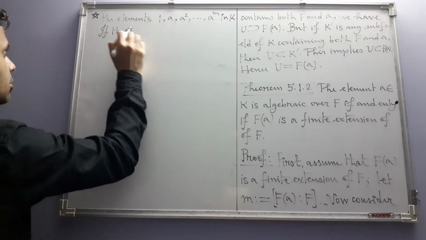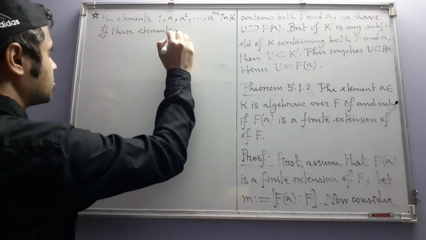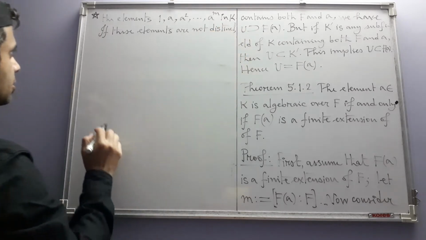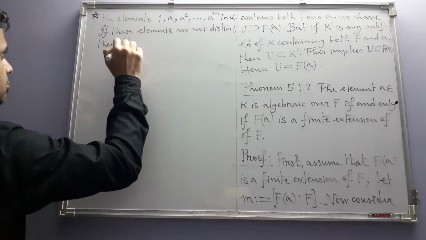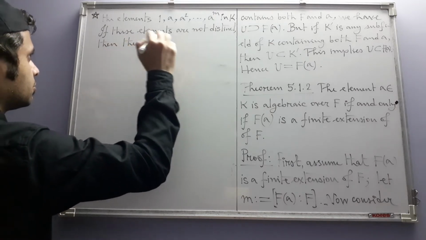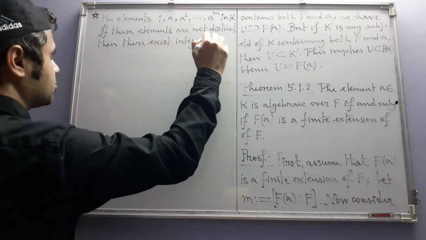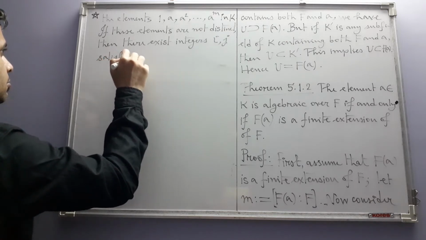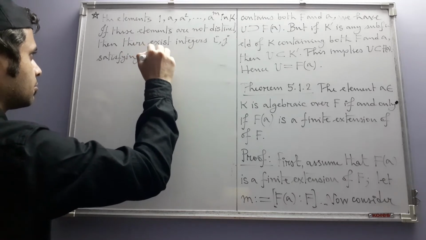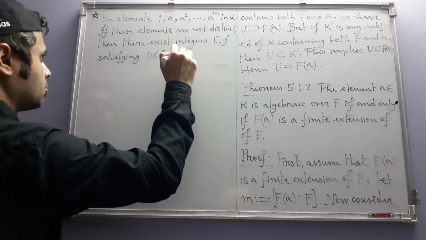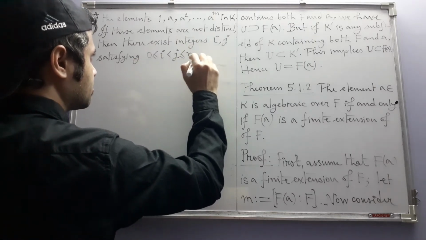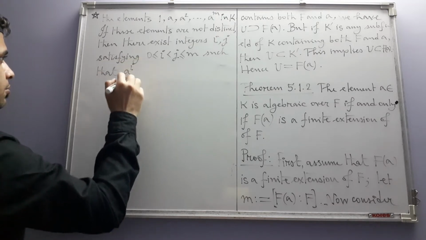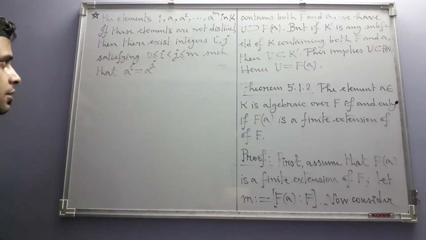If these elements are not distinct, then there exist integers i and j satisfying these inequalities such that a to the power i is equal to a to the power j.